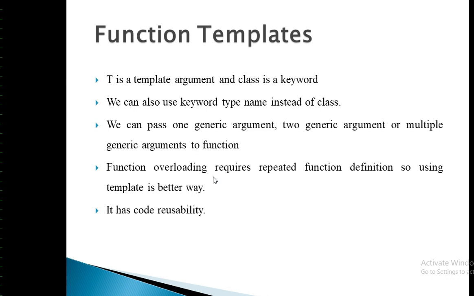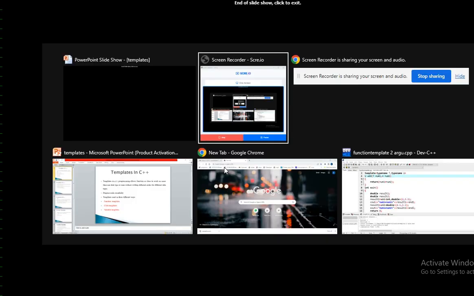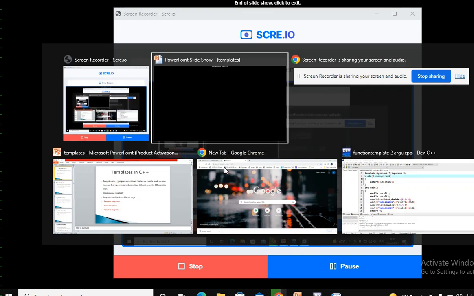So rather than using function overloading, that is two function definitions, we can use only one function definition with the help of templates, and it is called generic programming. The declared generic data type, T, will be later replaced with the actual data type. So it has the purpose of code reusability. Now we will check out the implementation.